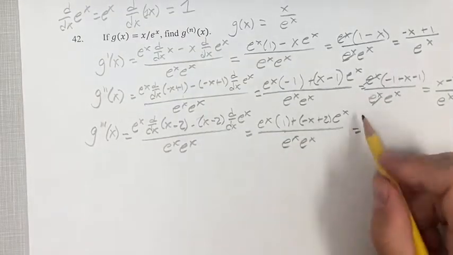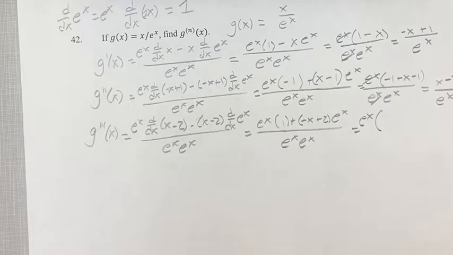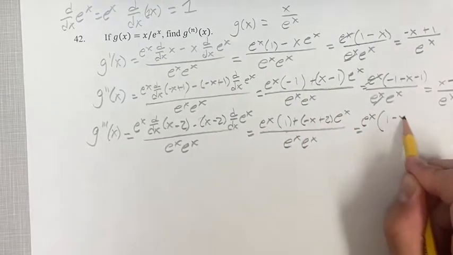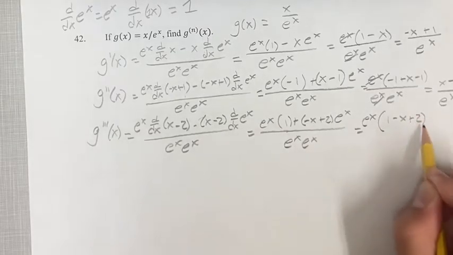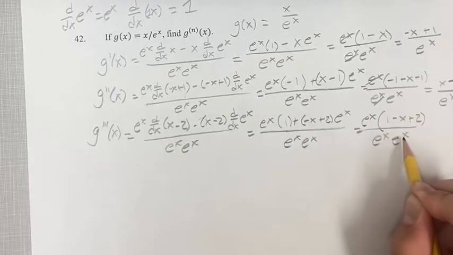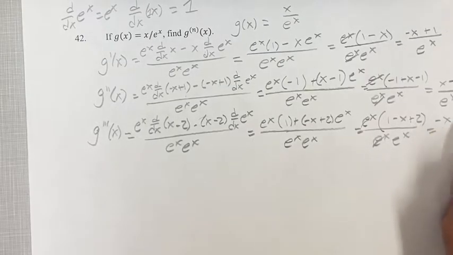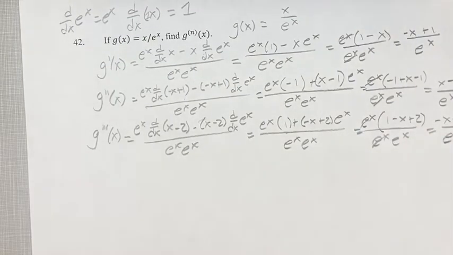Again, you should be used to factoring by grouping now: e to the x times 1 plus e to the x times negative x plus e to the x times 2, over e to the x, e to the x. These cancel and we get 1 plus 2 is 3, so we have negative x plus 3 over e to the x. So now you can see the pattern.